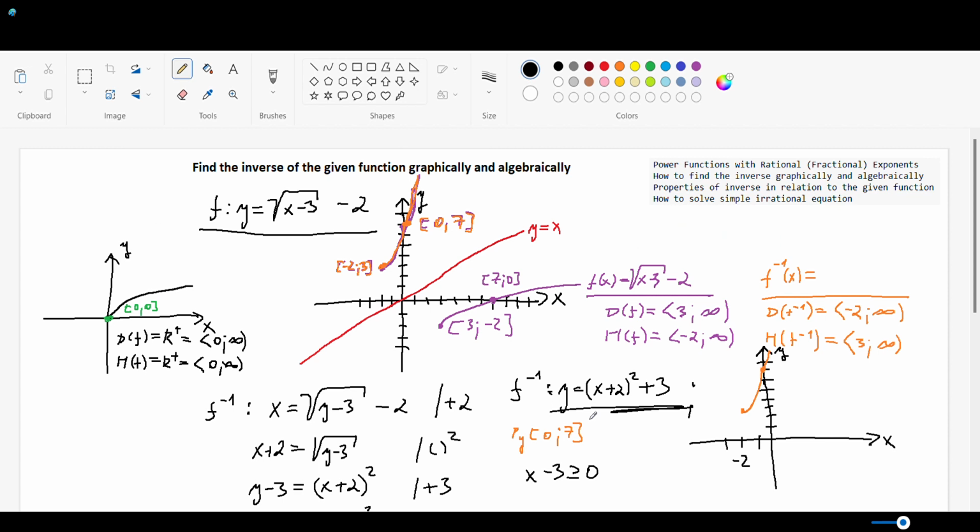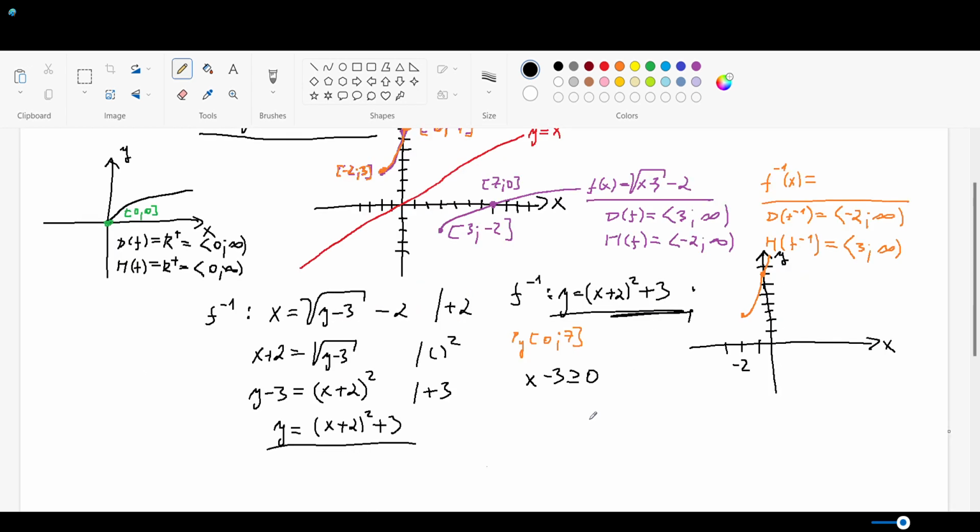Okay, which is the domain of our function. So it means x is greater or equal to 3, which means, if we take in mind that the domain of our function is now the range of our inverse function, that our range is from 3 to infinity, which is okay for our function.